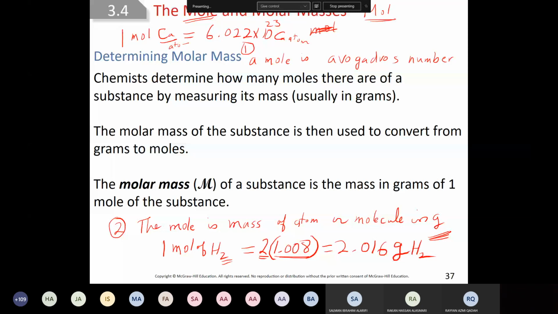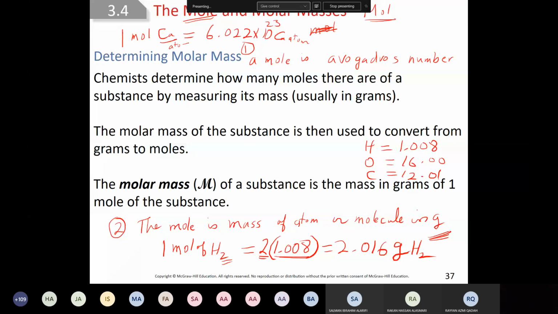Keep this in mind. As I said, you will need the periodic table all the time. Hydrogen is 1.008. Oxygen is 16.00. Carbon is 12.01. Don't memorize these numbers, but they are available in the periodic table.